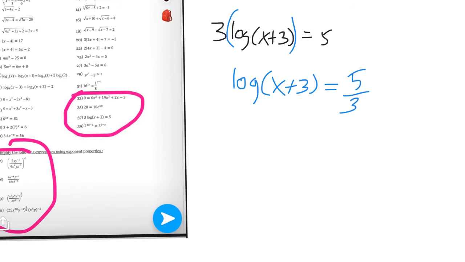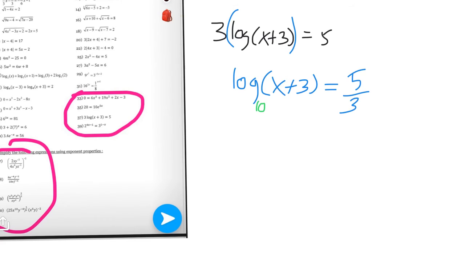I think this is just a classic rewriting of this into the exponent equation, because remember, there's a little 10 under here. If there's no mention of the base, that means it's secretly a base of 10.